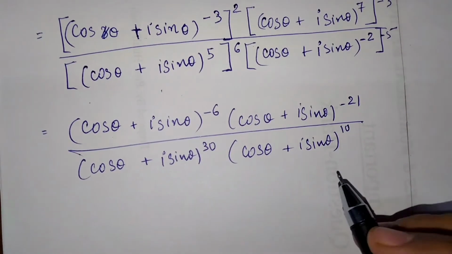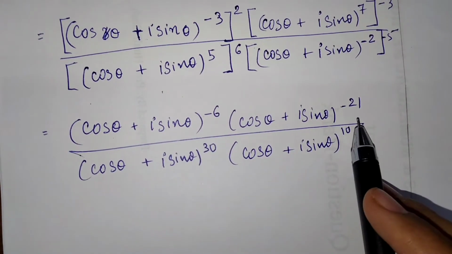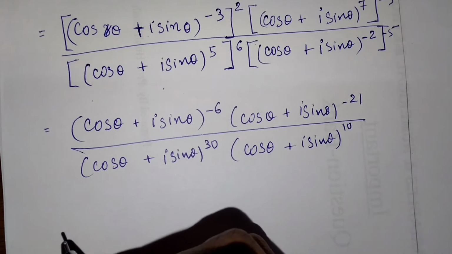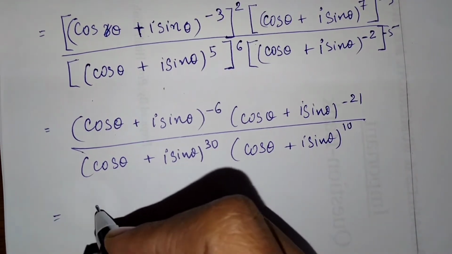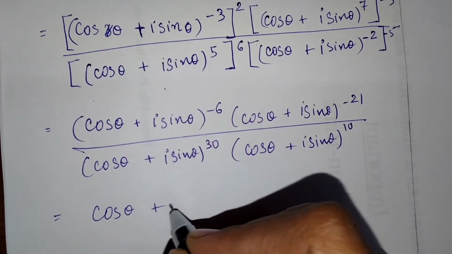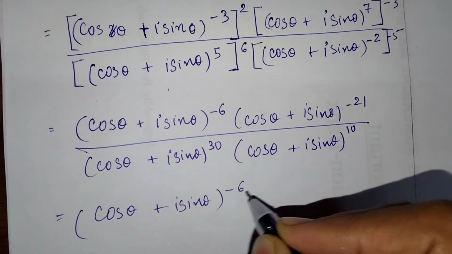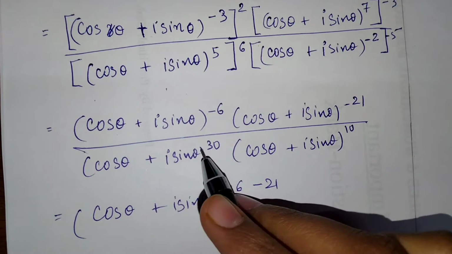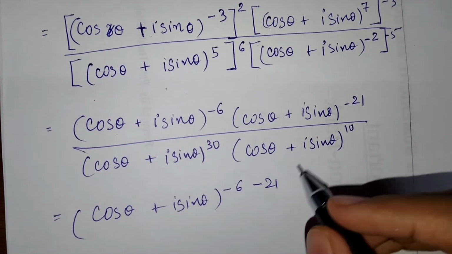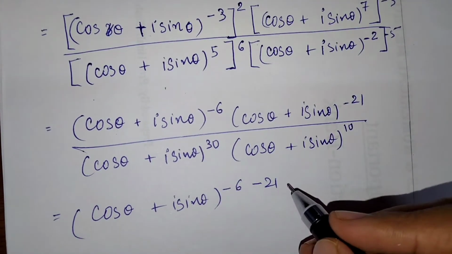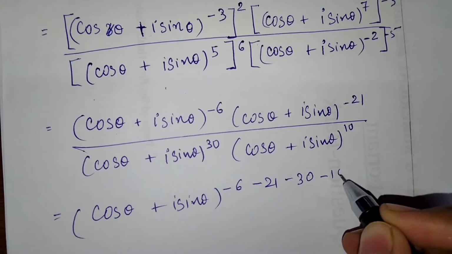Okay. And if we take these terms in the numerator part, then we can rewrite this equation as (cos theta plus i sin theta) whole raised to minus 6 minus 21, and if these terms go up in the numerator part, then we will get minus 30 minus 10.